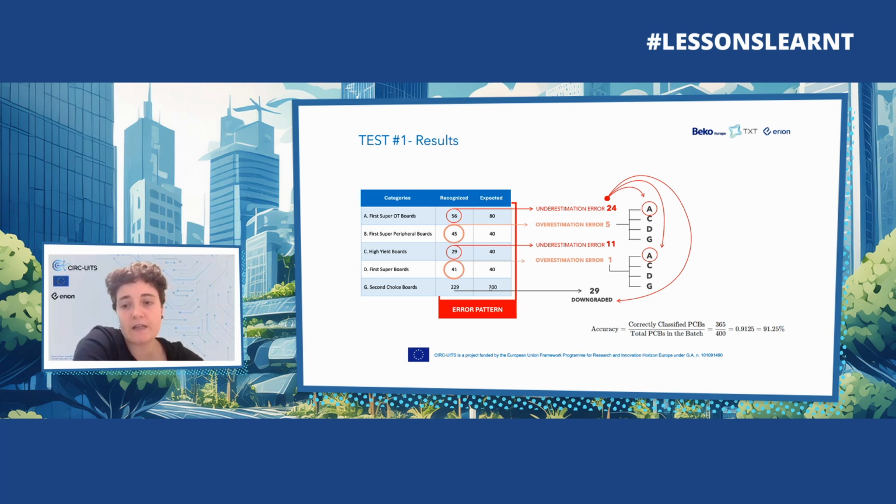But in all the other cases, the value is almost the same, so thinking about the recycling process, it won't really be affected. But if the high value PCBs undergo the second choice boards category, in that case we start having some trouble. Then there is the result from the algorithm.